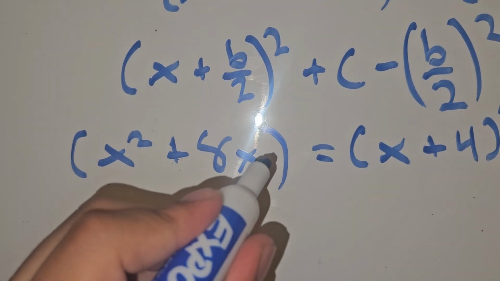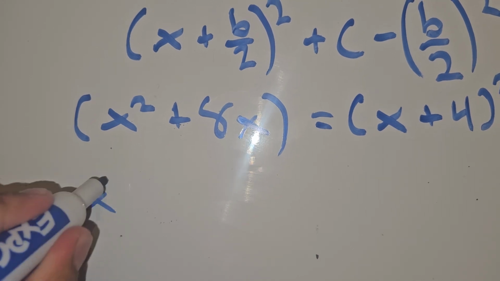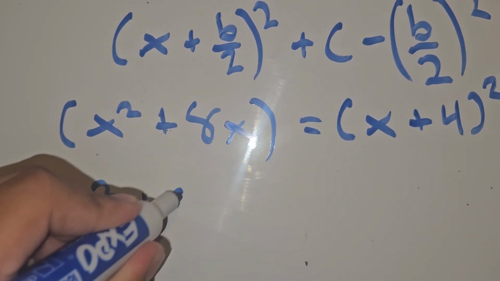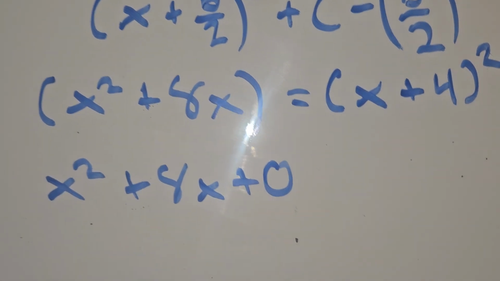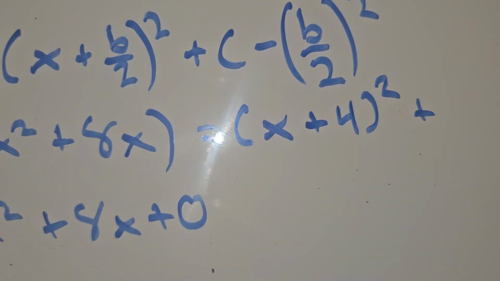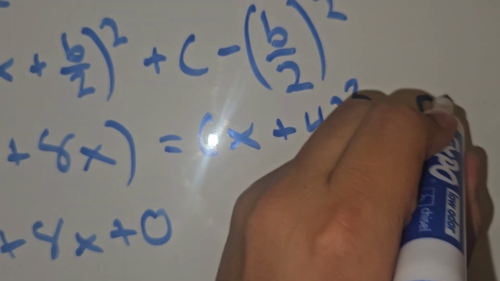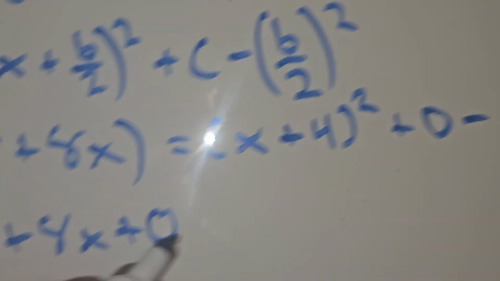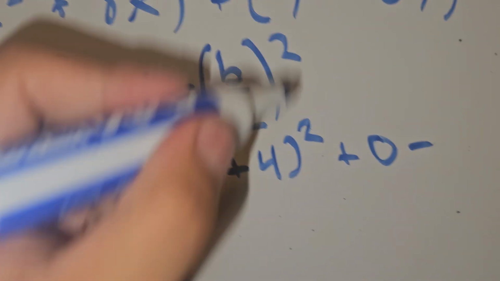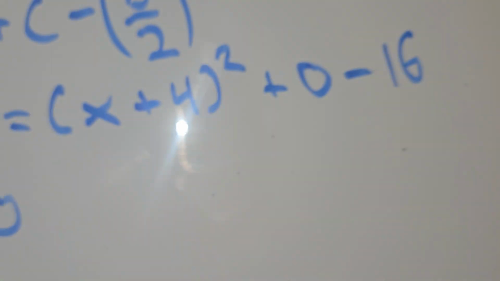Our c is going to be 0. So what we're basically saying is x squared plus 8x plus 0. A, B, C. C is 0. So that's why we put 0 here. Minus b divided by 2, b is 8, divided by 2 is 4, squared. That's 16. So we're done with that one.